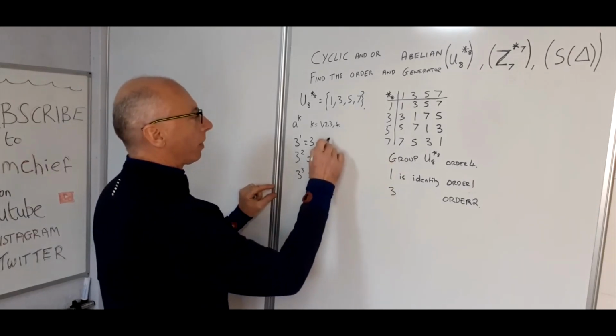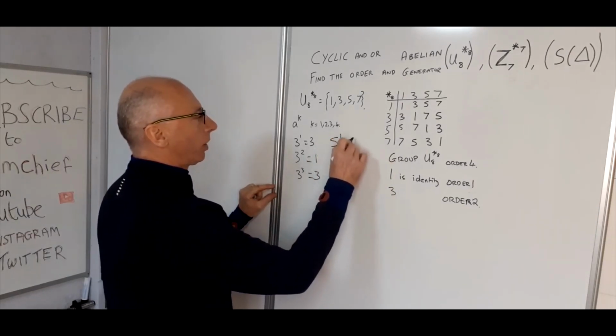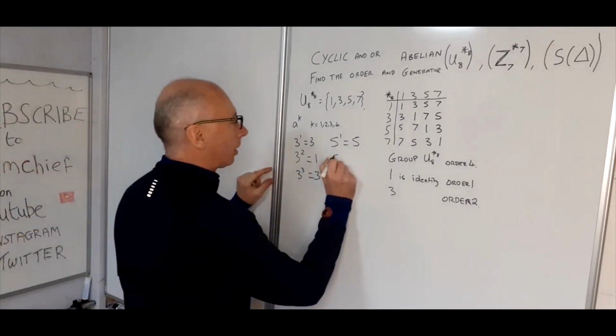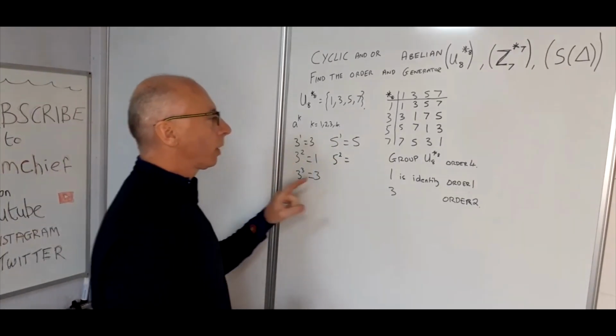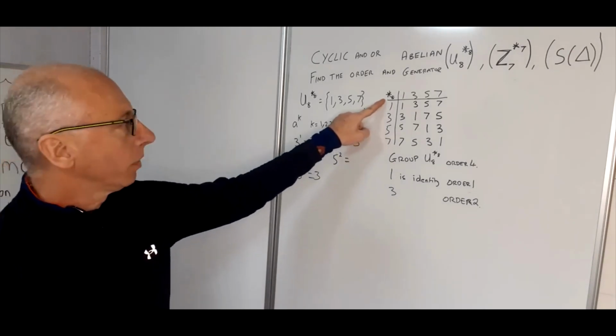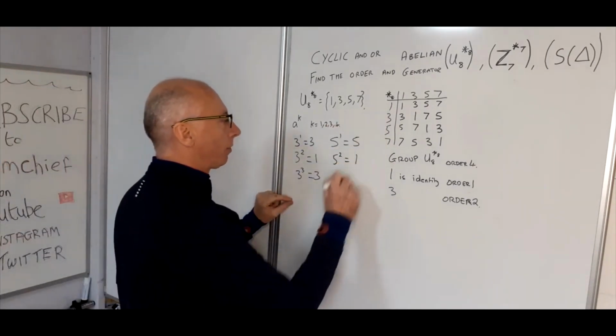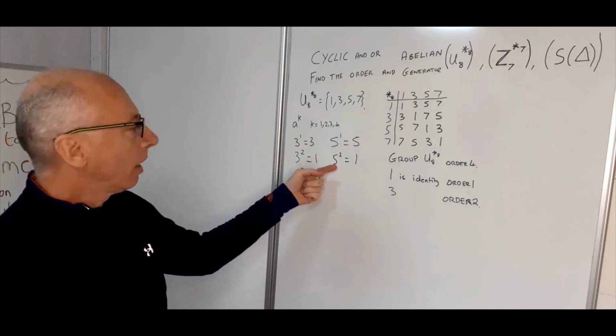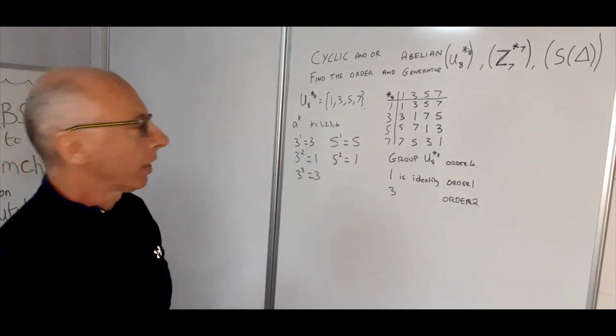Let's have a look at 5. So 5 to the 1 equals 5, of course. Now 5 squared is 25. 25 modulus 8 gives us 1. So again, if we raise this again to the power, multiplying by 5, we're back with 5 again.